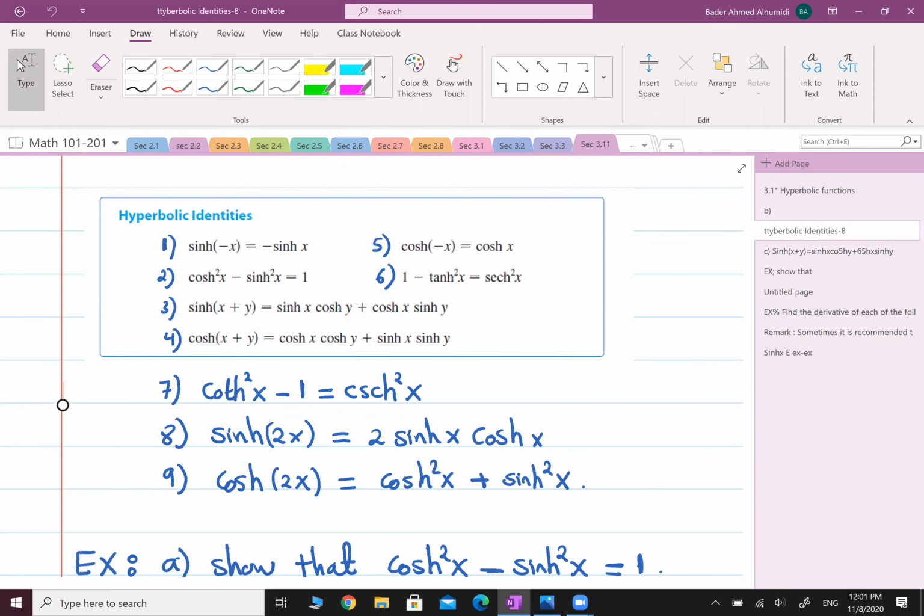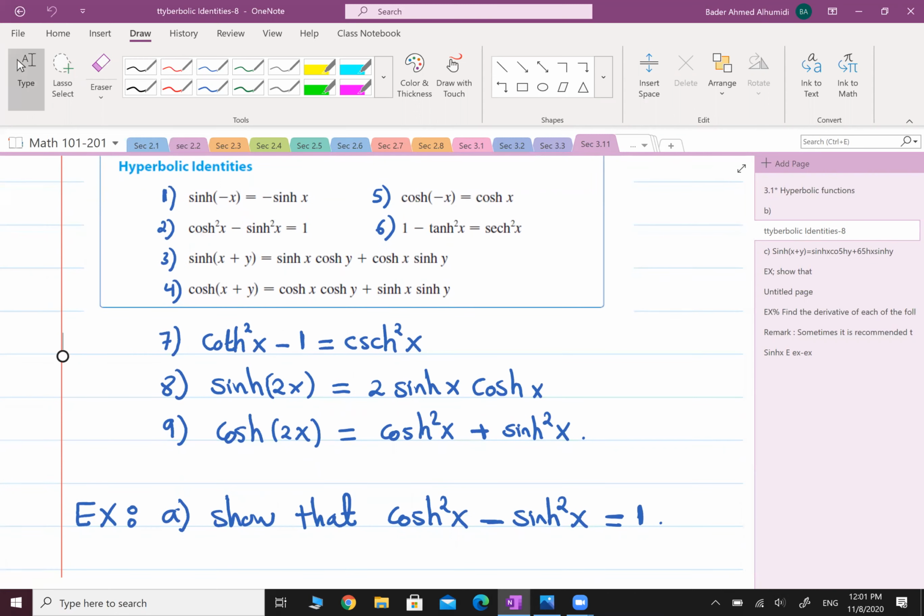So I listed some of them here. Of course, the purpose of the section is not to study these functions in detail, but we will study only the derivative and some basic identities, together with the definition of these hyperbolic functions. The first one, number 1, and number 5: hyperbolic sine of minus x equals minus hyperbolic sine of x, so we say that the hyperbolic sine is an odd function.